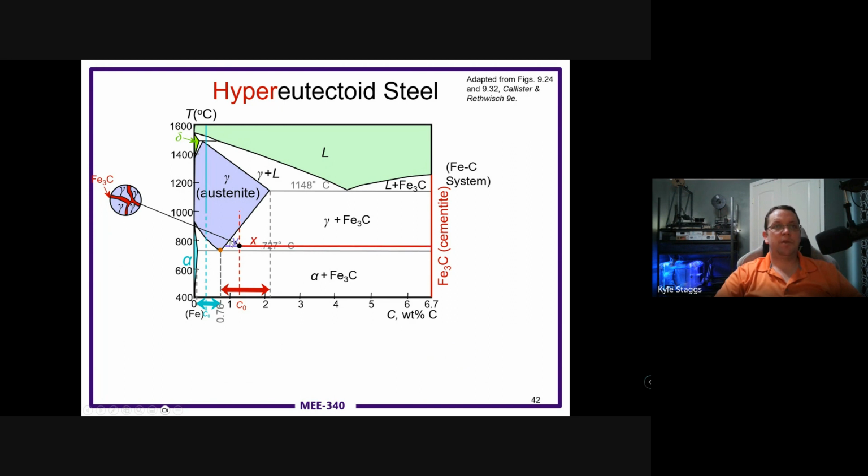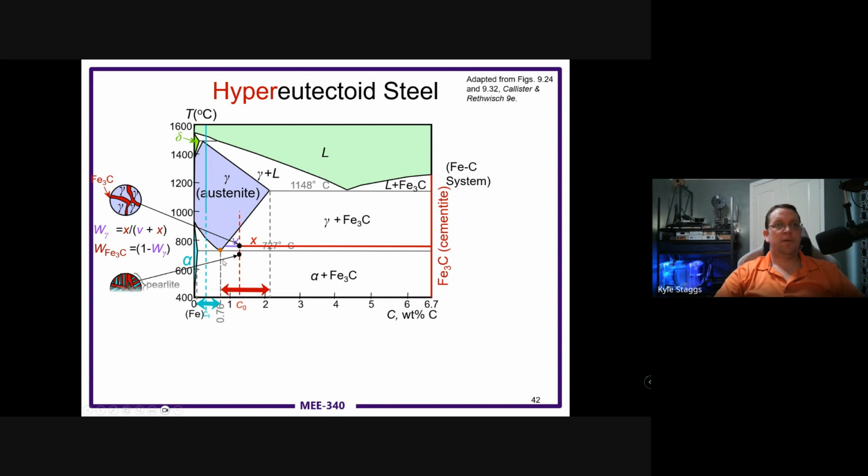We're going to use the same principle. So in this case, we're just changing the algebra slightly, but it's the same formula. X over the sum of the two for the tie line rule. So typically X is going to be considerably larger, and the weight fraction of iron carbide is whatever's left from this.